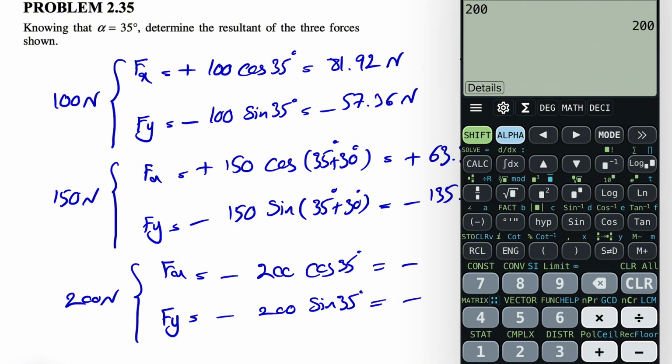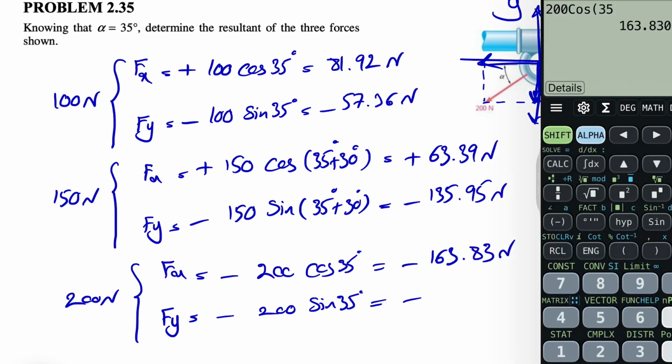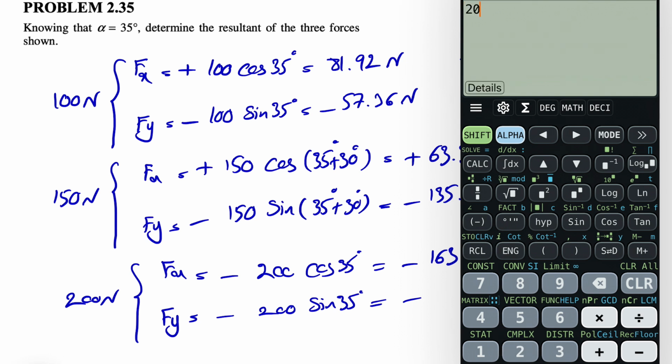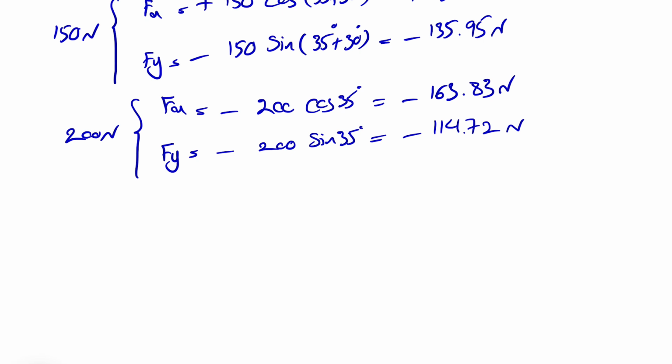So 200 cosine of 35 is minus 163.83 Newton, and also 200 sine of 35 is minus 114.72.